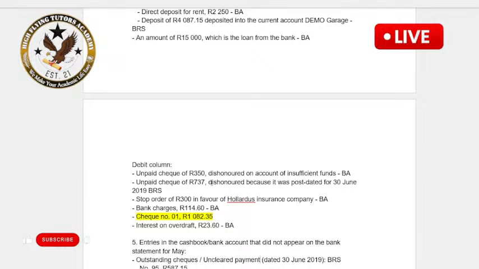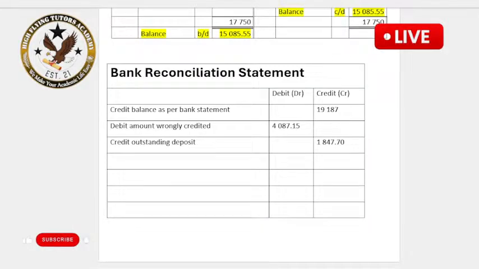So it's a post-dated payment, so it must be corrected. So you credit an incorrect payment. You go into our answer sheet right there. Let's just go there and fix that error and correct that.